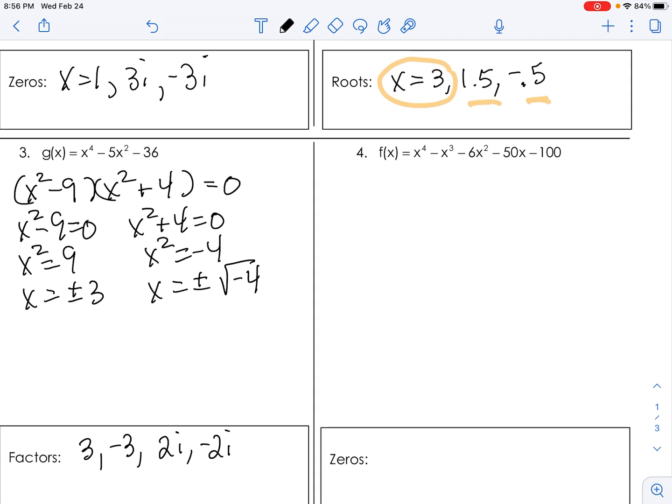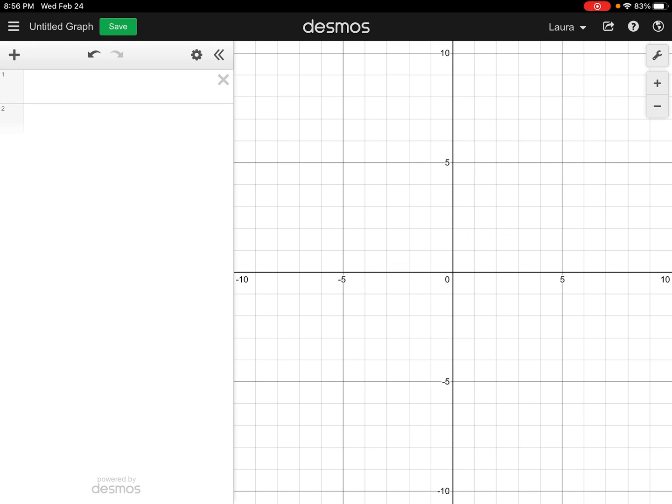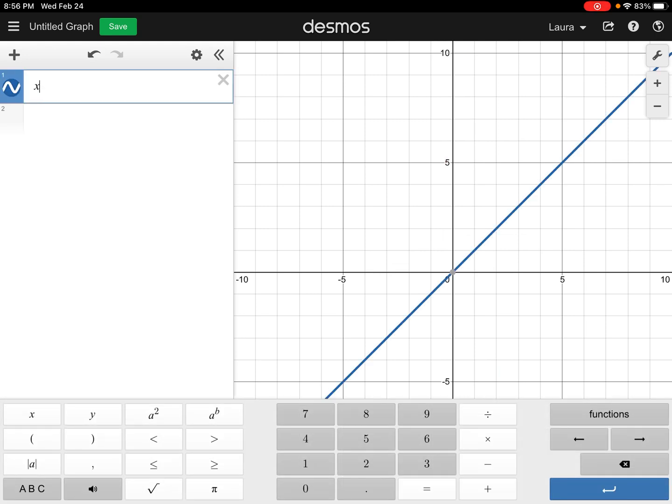All right, number 4. There are 5 terms, so I have to put this in Desmos. I must start with Desmos. Whoops, I just spelled Desmos wrong. All right, x to the 4th minus x cubed minus 6x squared.